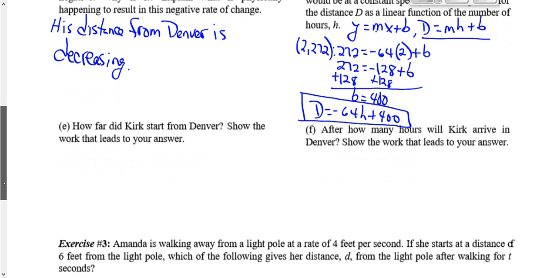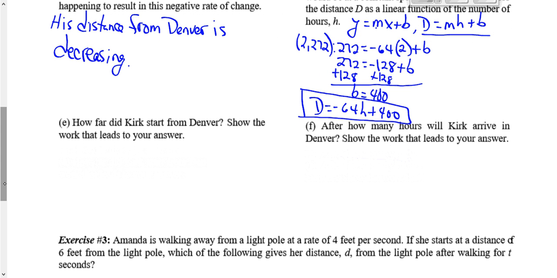Yeah, well, let's think of it as at 0 hours of him traveling, right? At 0 hours, right? So D of 0 equals negative 64 times 0 plus 400, right?